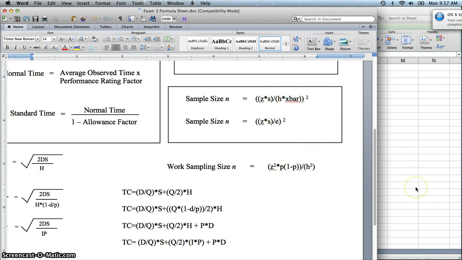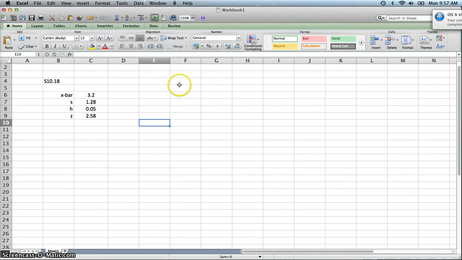So let's go back and use this formula. So instead of trying to do it in one cell, I'm going to spread it out to make sure I do my calculations right. So the first thing we want to do is multiply the Z times the S. So that's the top portion of that equation.